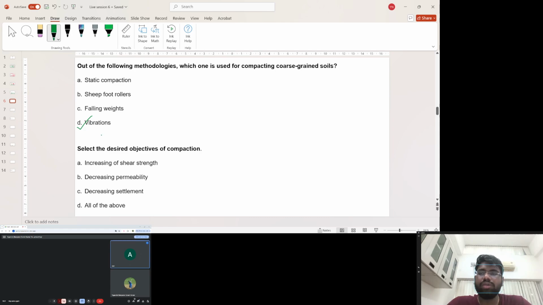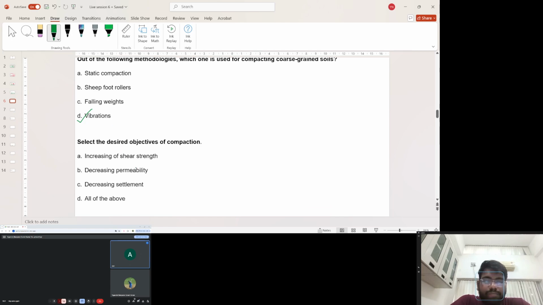Large scale vibrations involve blasting, one of the best examples, which gives vibrational loads at a very small interval of time. So as far as coarse grained soils are considered, vibration is the best technique for compaction.